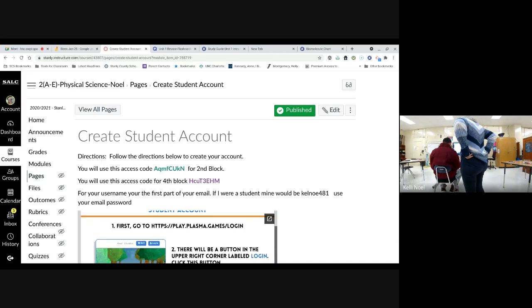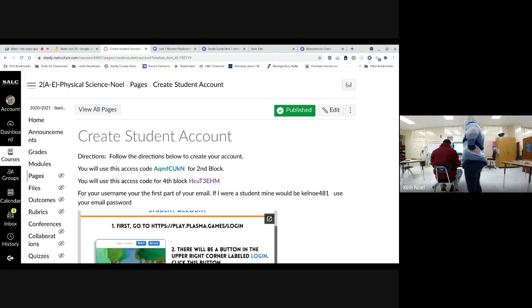It's not coming up to what it's supposed to be. All right, you're going to click on Create an Account. There we go. Click on Student. And your username needs to be the first part of your email. So up to the @ symbol, put that in for your username.